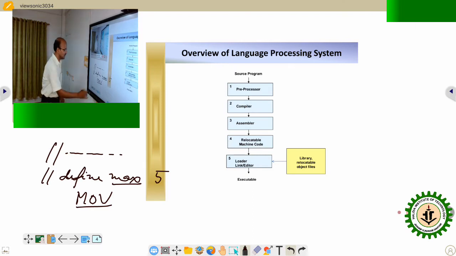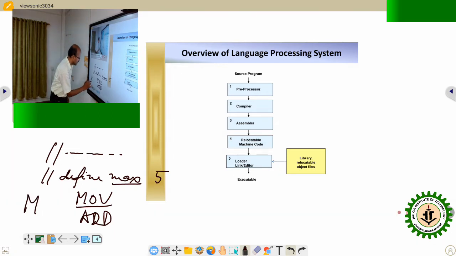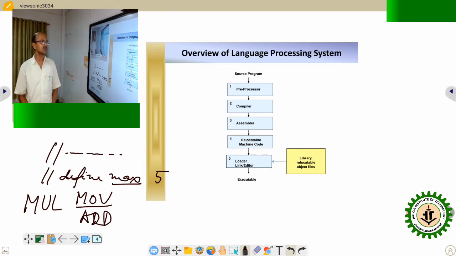If we want to add some data, we can write add. If you want to multiply two data, we can write multiply. These are all the mnemonics in assembly language terms. So the high level language is now translated into a set of assembly instructions, and then the assembly code can only be recognized by the assembler.